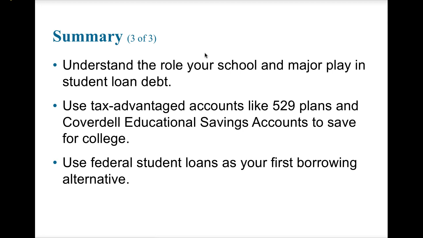You should really take advantage of any student loans offered by state and federal governments to get the lowest available rates of interest, and always be on the lookout for additional programs, grants, and scholarships, anything that can help reduce the cost of college, whether it's becoming an RA, getting a part-time job, or things of this nature. Okay, so that's chapter 7 on student and consumer loans.